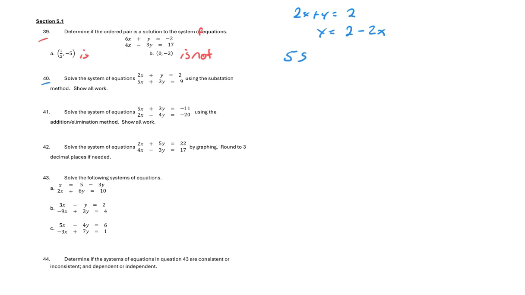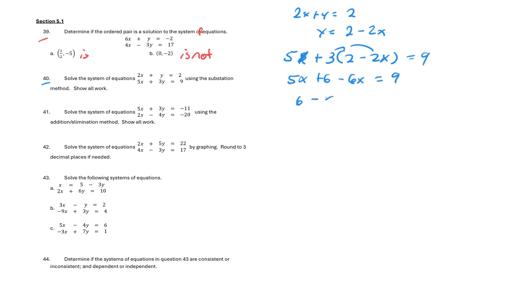So we get 5x plus 3, and we'll replace our y with that expression, set that equal to 9. Distribute the 3, so 5x plus 6 minus 6x is equal to 9. And then we'll combine like terms.